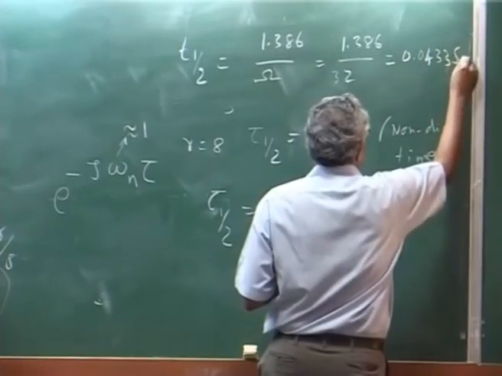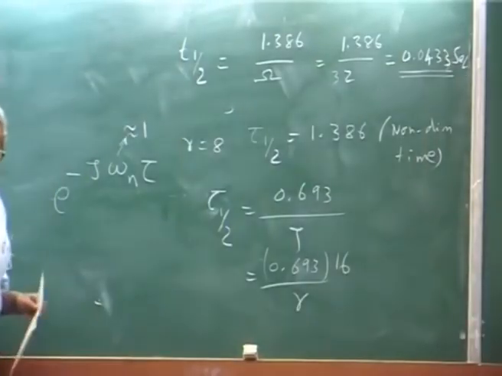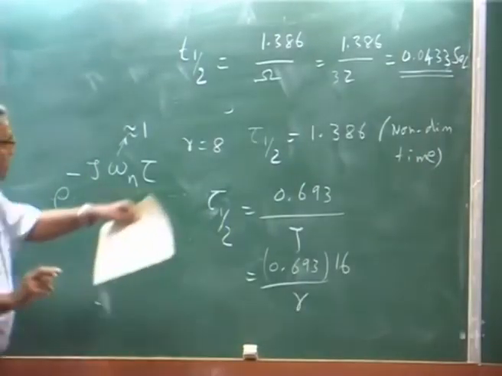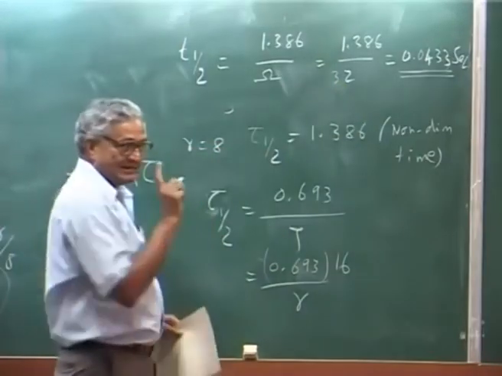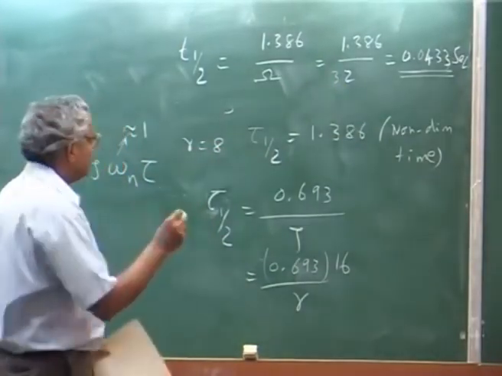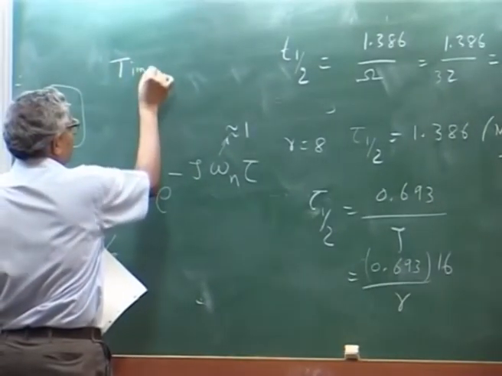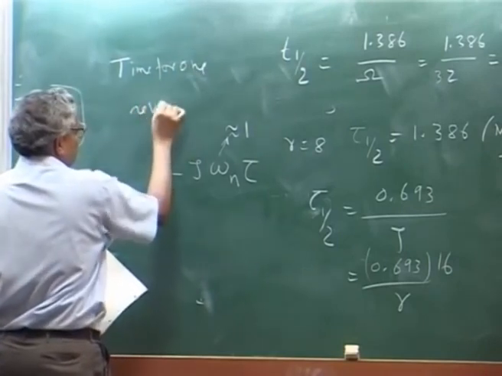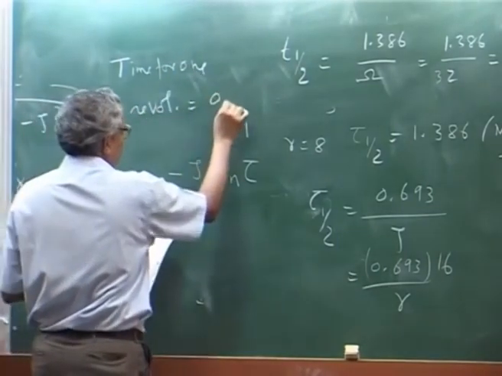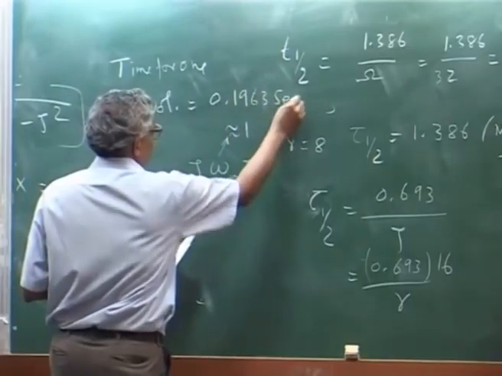For this omega, 32 radians per second, the time for one revolution is 0.1963 second.